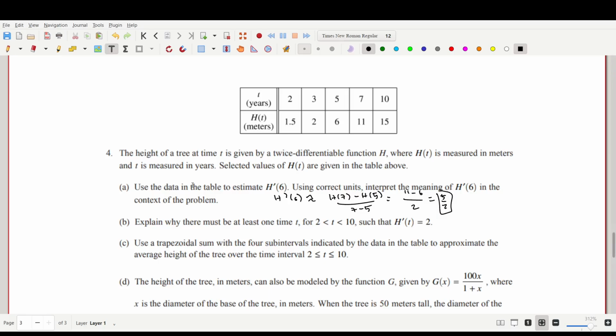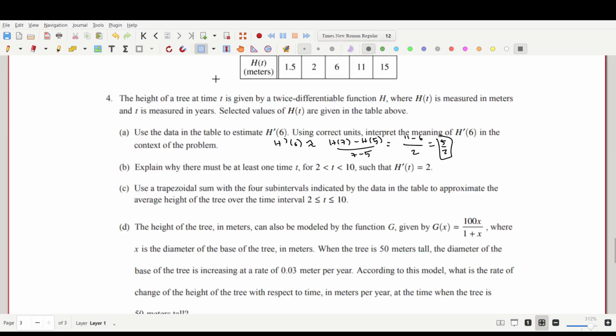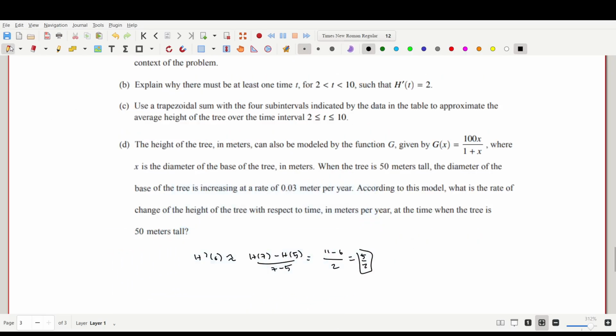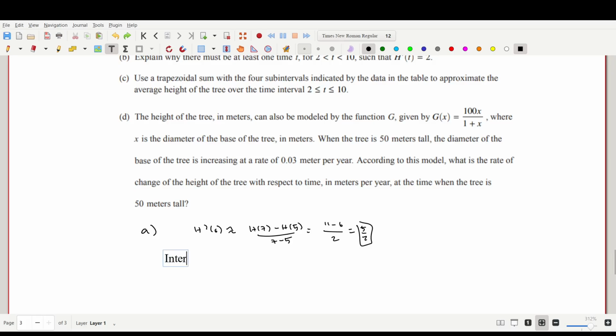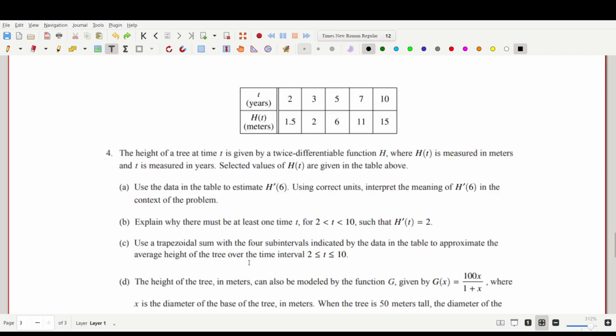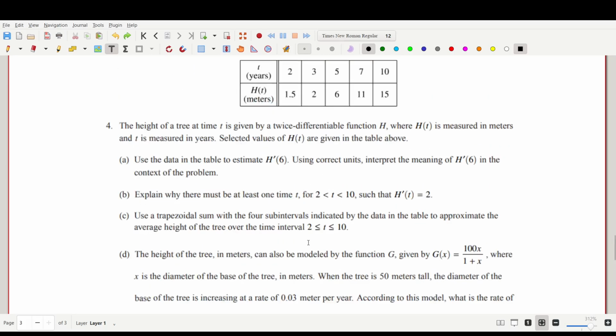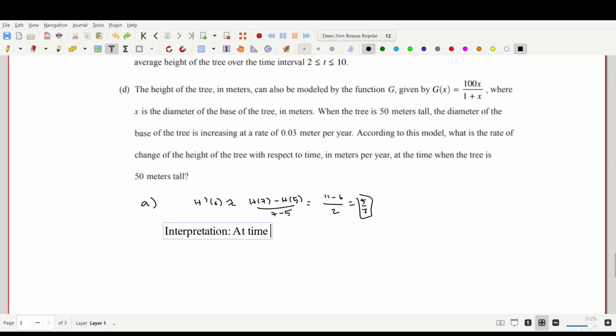I'll write that down here. So here's A, and the interpretation is going to be the following. So h was the actual height, right? Time is in years. At t equals 6 years, the tree is growing.